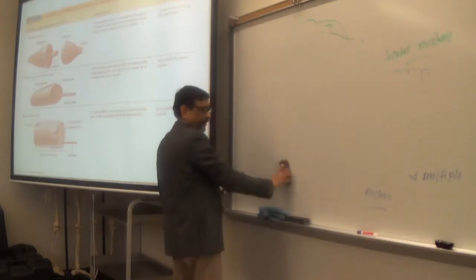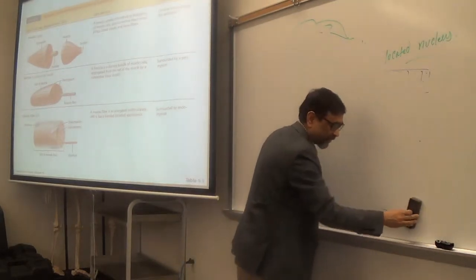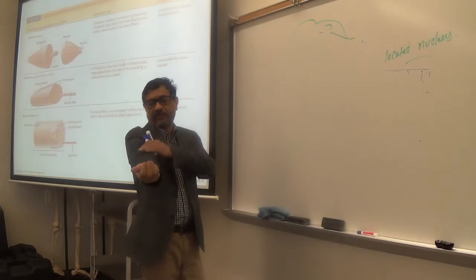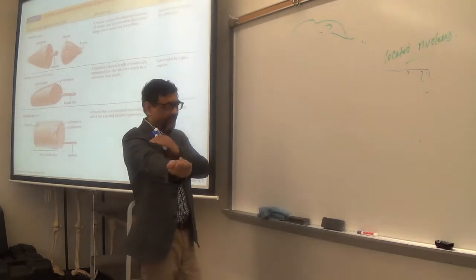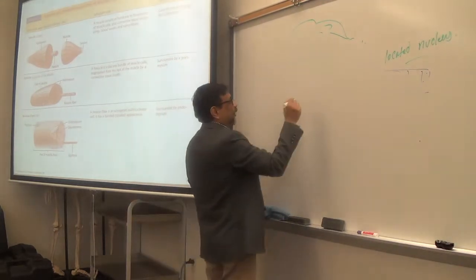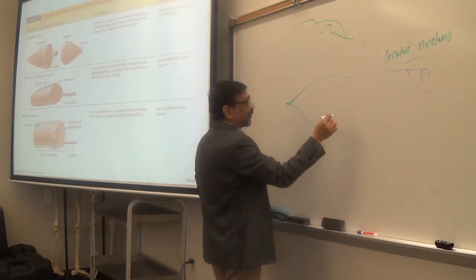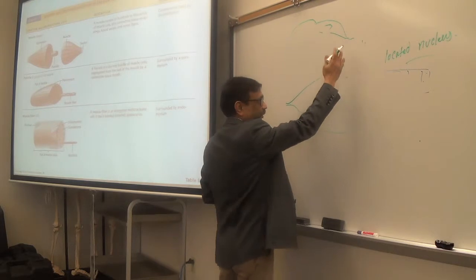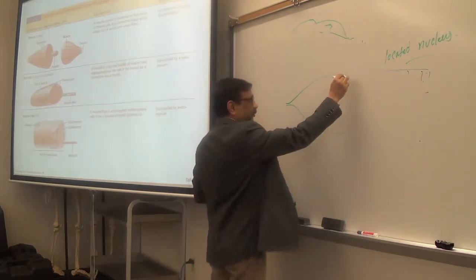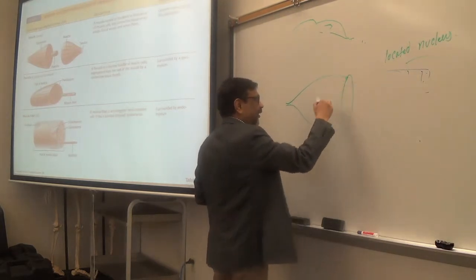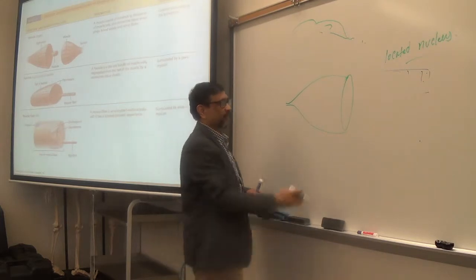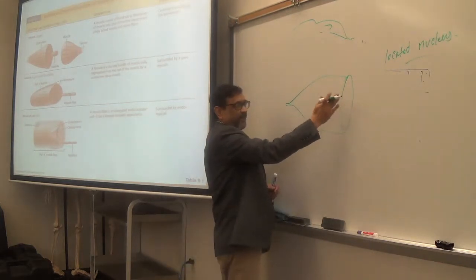If you see the structure of a skeletal muscle, for example, the structure of your biceps, this is the muscle. If I cut the muscle like this, we see the section of the muscle.